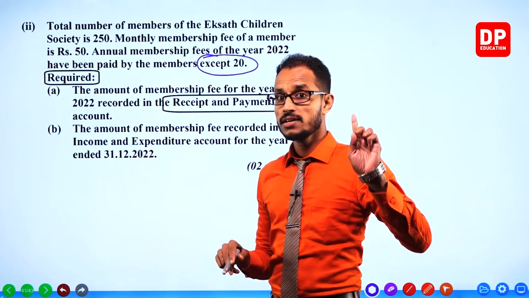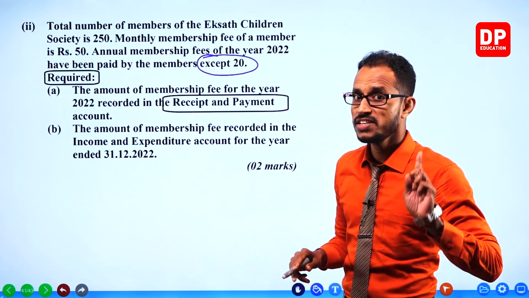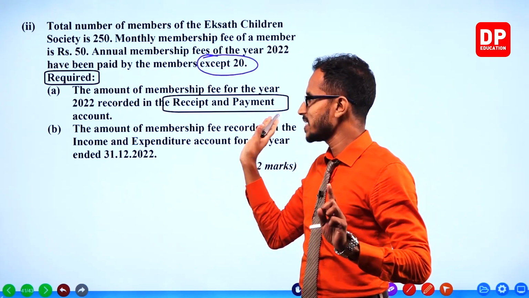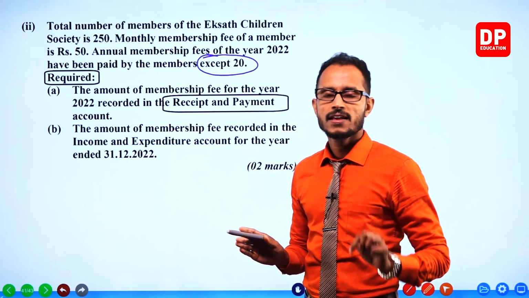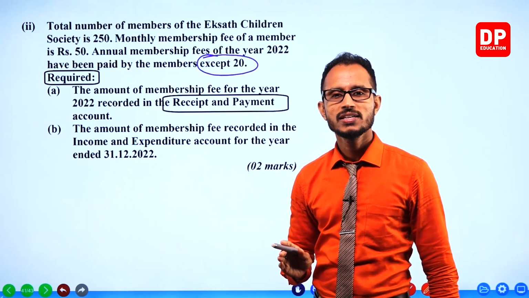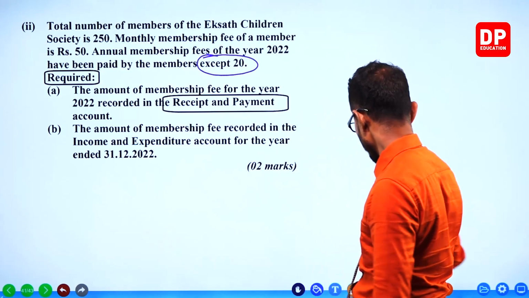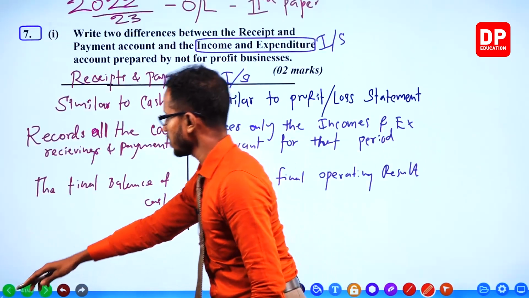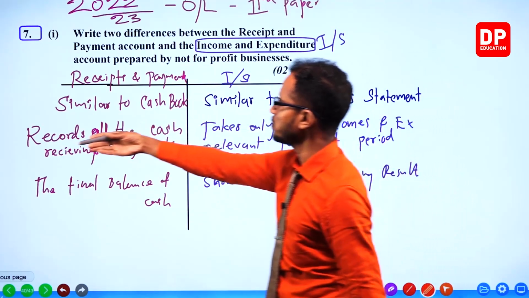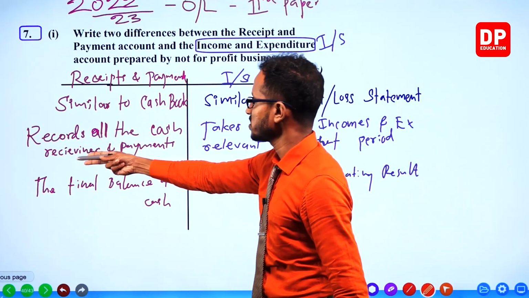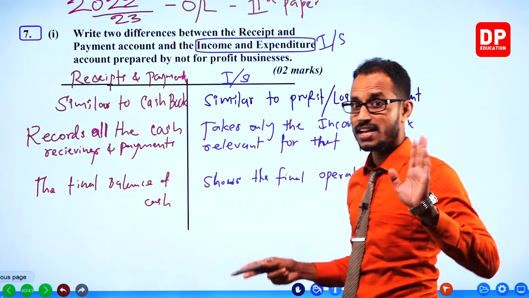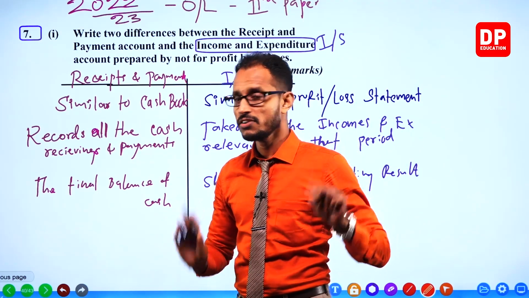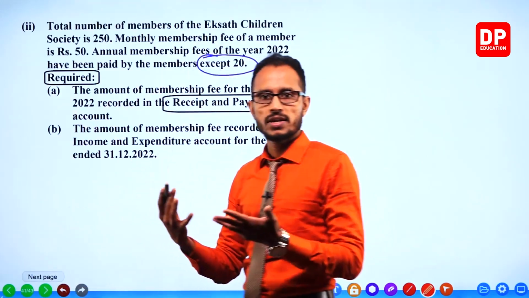Now we have to calculate the membership fees received in cash. Just like we mentioned, the receipts and payments account records all the cash receivings and payments, not the correct amount relevant for the year, received amount only.